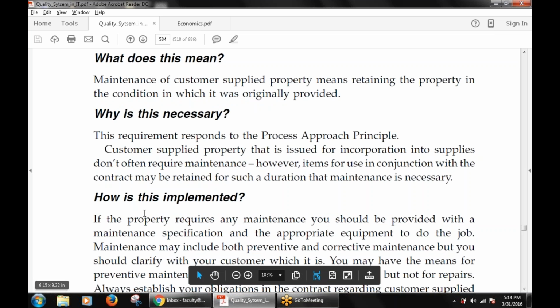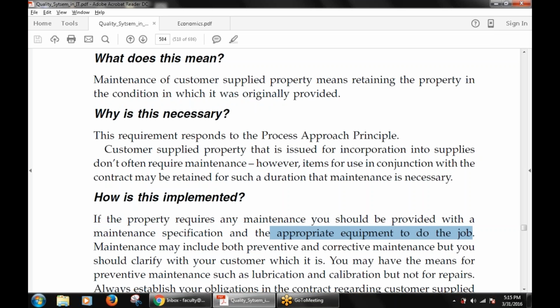How is it implemented? If the property requires any maintenance, you should be provided with the maintenance specification and the appropriate equipment to do the job. Maintenance may include both preventive and corrective maintenance, but you should clarify with your customer which it is.